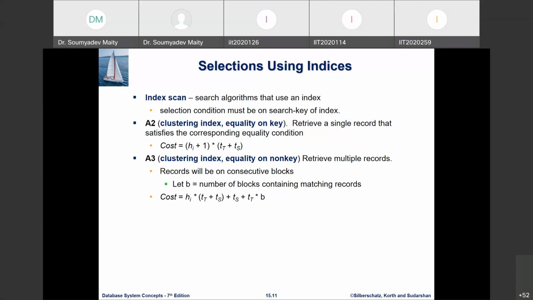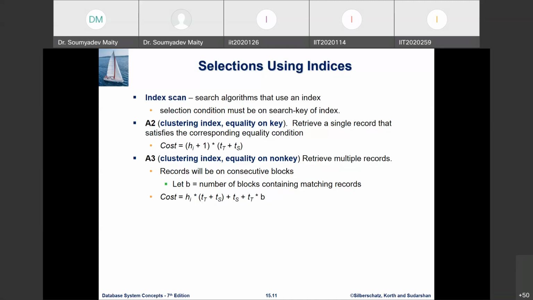Then you have to do one more seek to reach the first block where you are getting the first matching record.